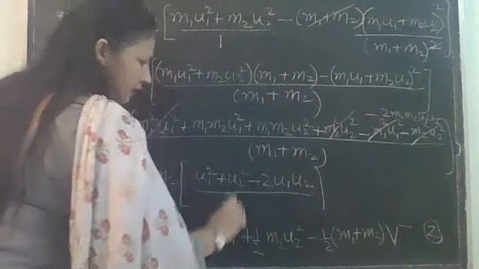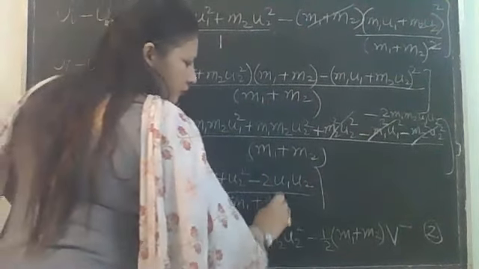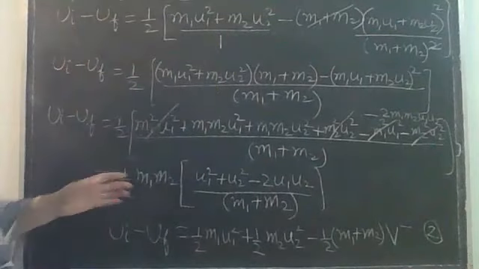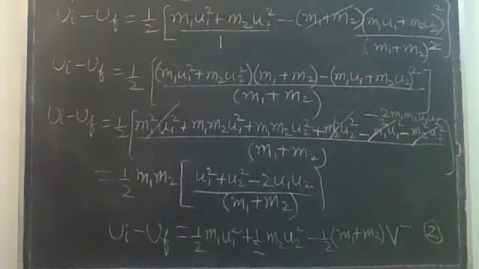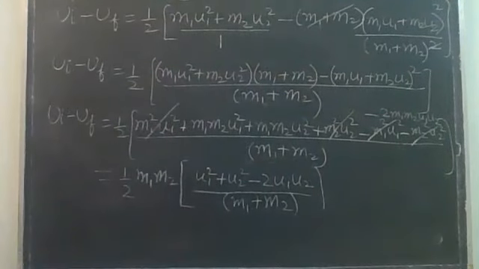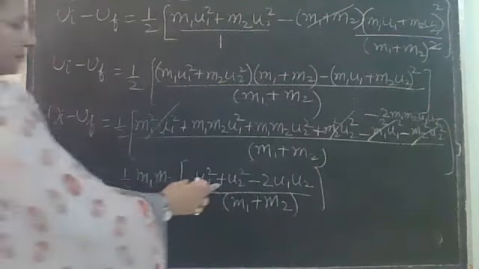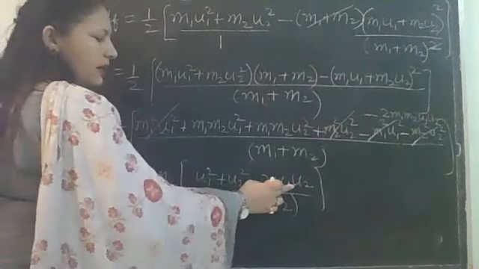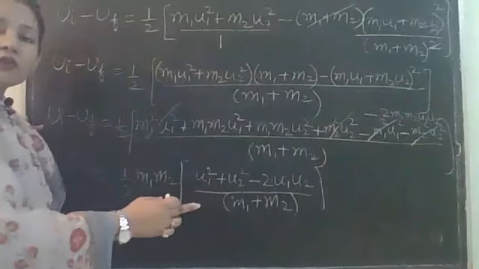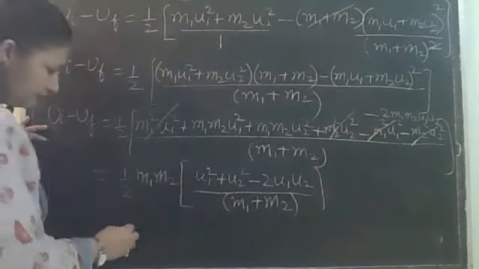After taking m1 m2 common from all the terms in the numerator, we get this. I hope all these steps are clear to you. Simple mathematics. Now what does it become? u1² plus u2² minus 2 u1 u2 is (u1 minus u2) whole square.